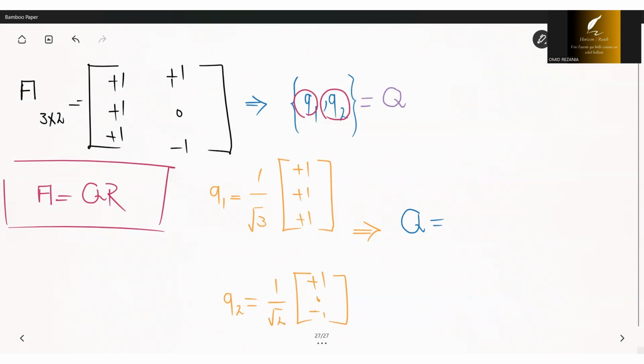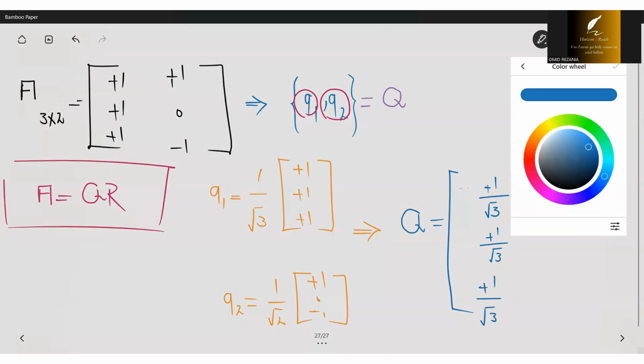Q1 becomes the first column of the matrix. Remember, Q1 is the normalized version of the column A1. I'm going to take 1 over the square root of 3 inside this, then I get 1 over the square root of 3, 1 over the square root of 3, and also 1 over the square root of 3.